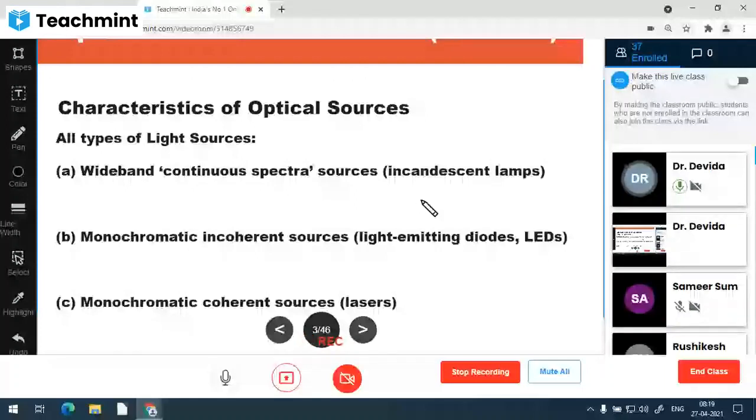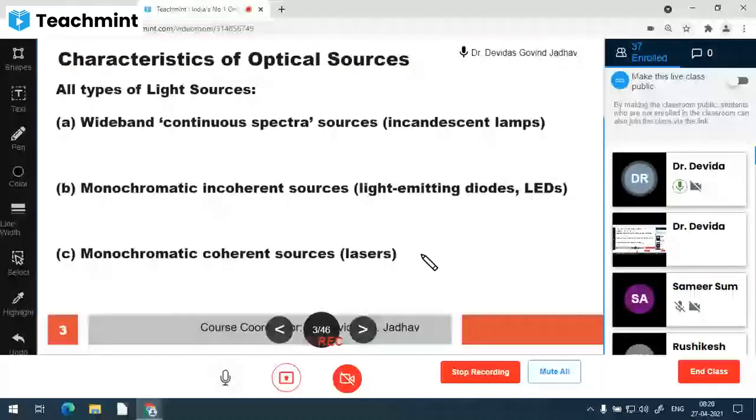It is light, but it is not monochromatic, it is not coherent, and it is not directional. And the size of the lamp is in meters, whereas the optical fiber is in micrometers. Not compatible. The second type of source is monochromatic but incoherent: the light emitting diode. And third is monochromatic and coherent: the laser diode.